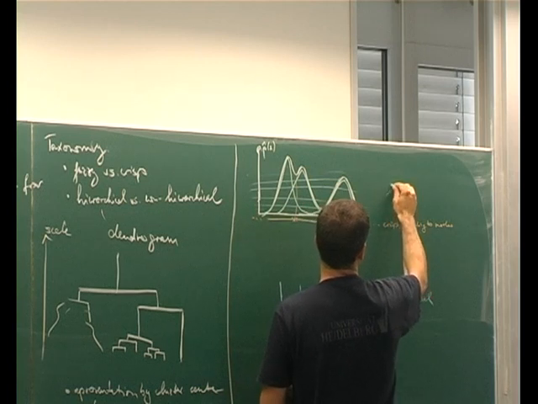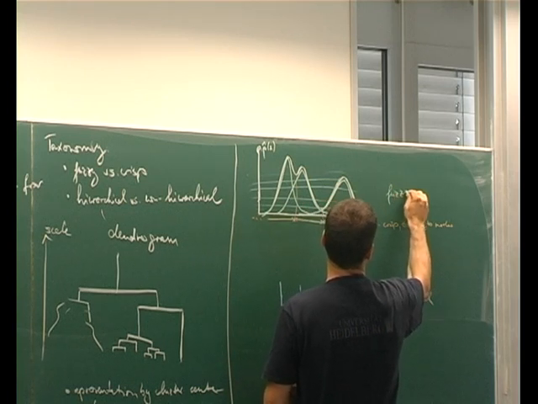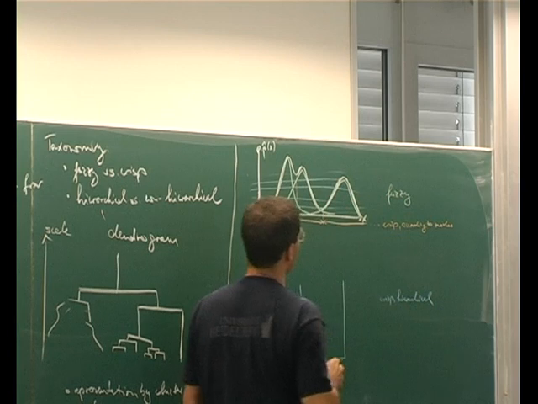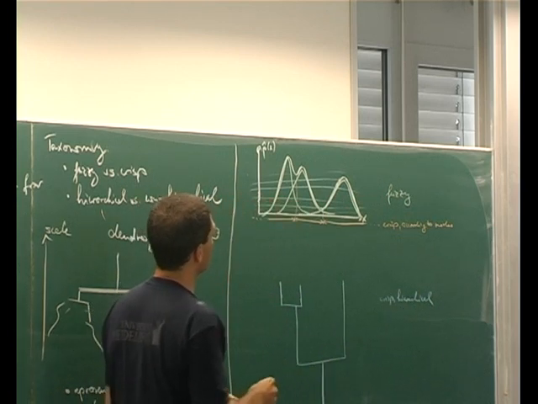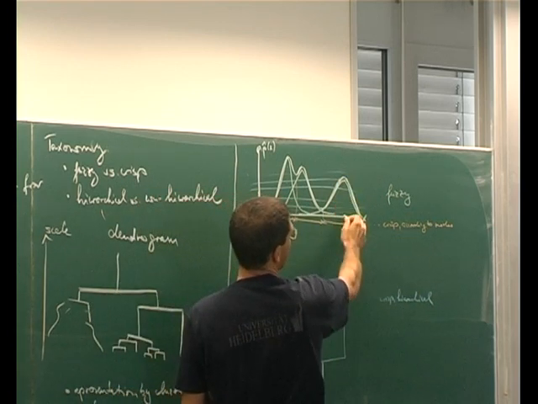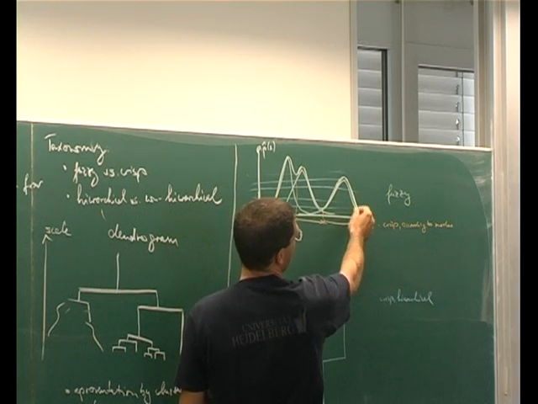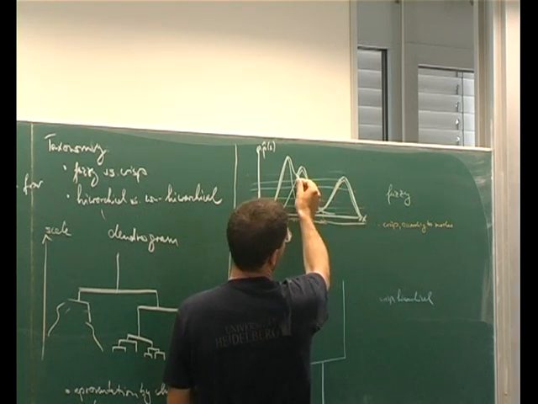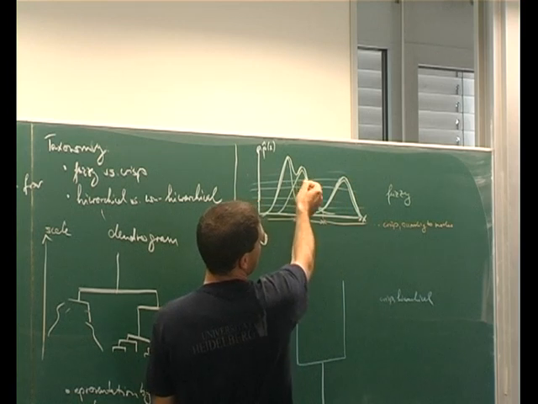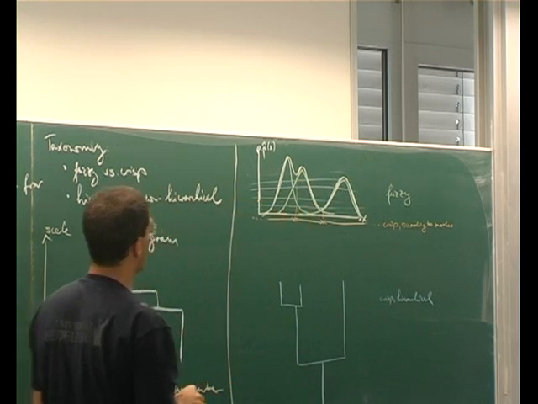So this would be a fuzzy clustering where some observations, it's pretty clear that an observation out here would belong to this Gaussian, but an observation in the middle, it's not quite clear if it would belong to the one or to the other.